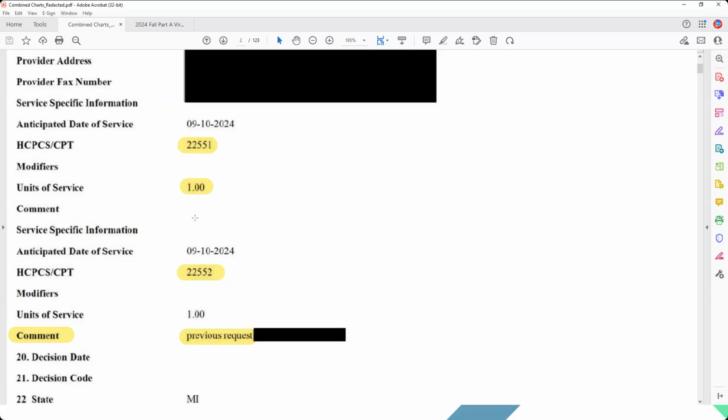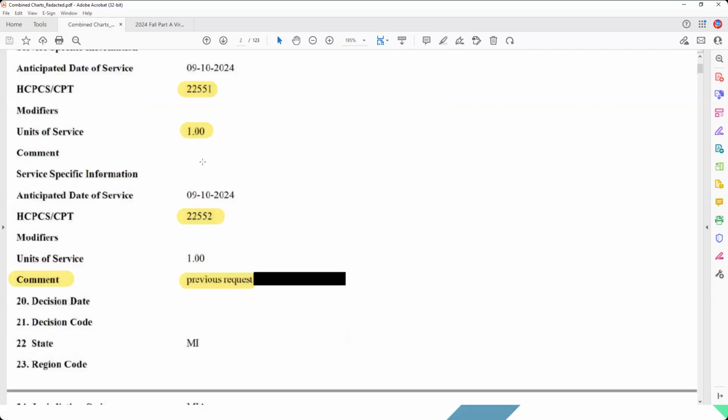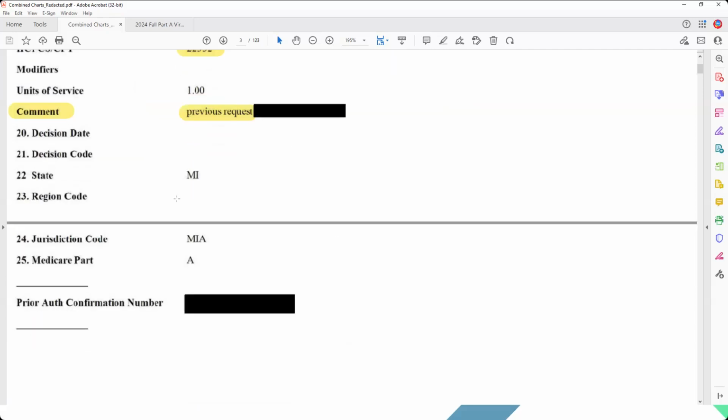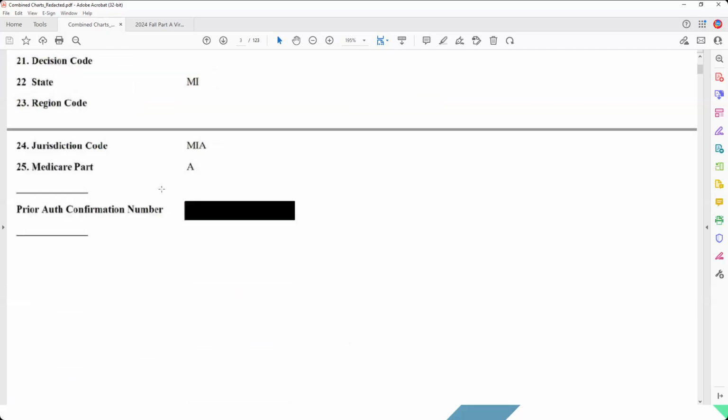It's going to help us find that information in your chart better because we know right from the start what we're going after. So please utilize the comment section, whether you're doing it in the portal or hard copy version. They both have an area that you can give those indications. So as we move on, what we know right now, this is a 70-year-old male.